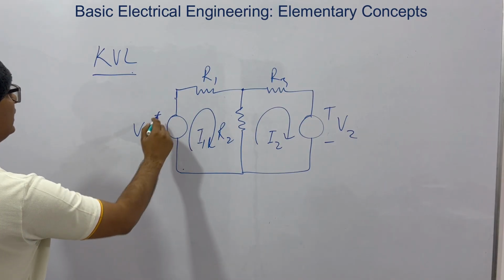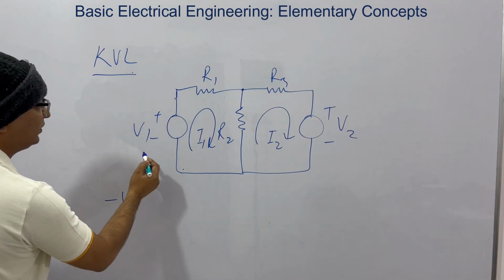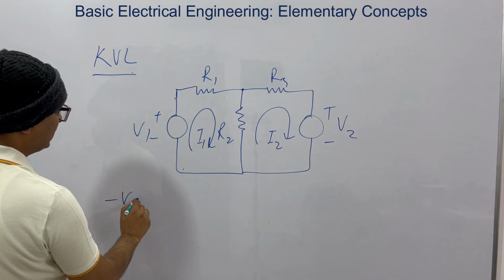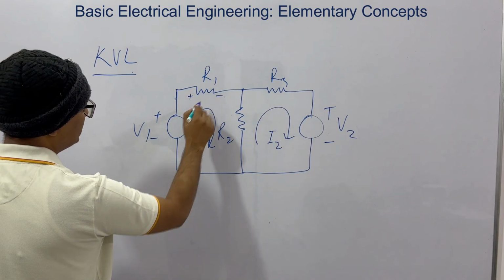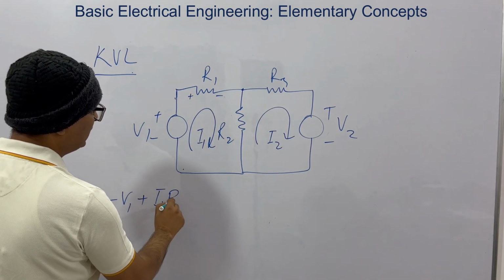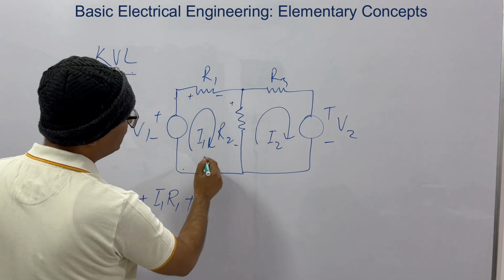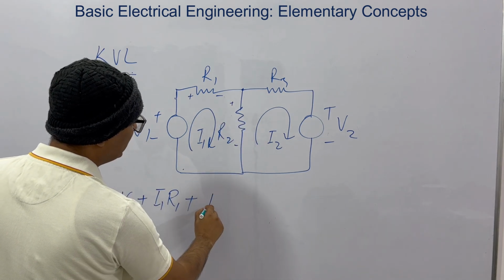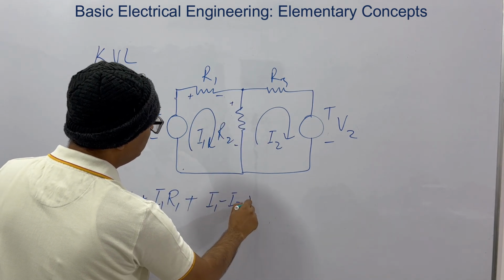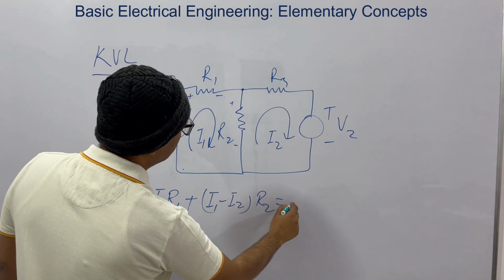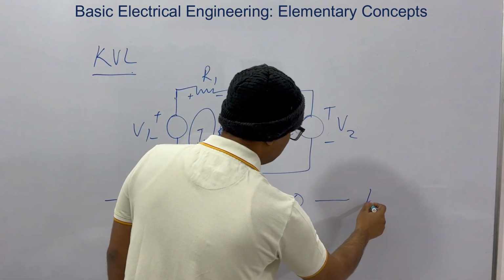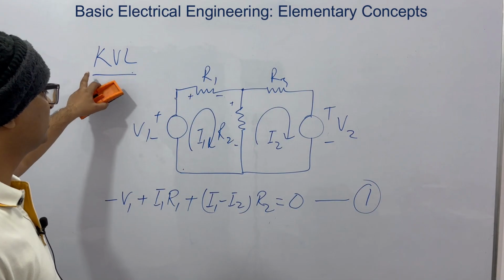When we are using the positive direction as this, let's say this is minus to plus. So we'll have first V1, then I1 into R1. We know current enters, so this will be plus. So I1 into R1. Then we have I1 minus I2 into R2. This will be equal to 0. This is our first equation from Kirchhoff's voltage law.